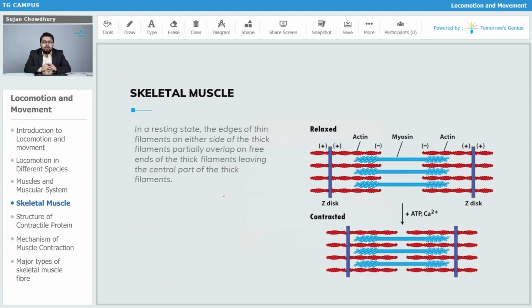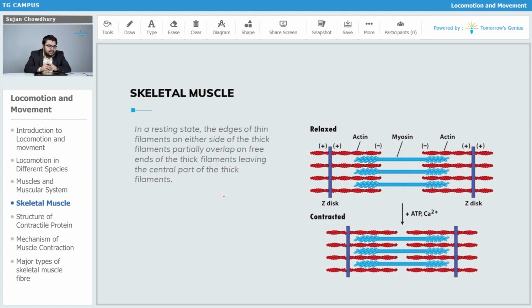Let's understand more about the skeletal muscle structure and its mode of contraction. In a resting state, the edges of thin filaments on either side of the thick filaments partially overlap the free ends of the thick filaments, leaving the central part of the thick filaments.